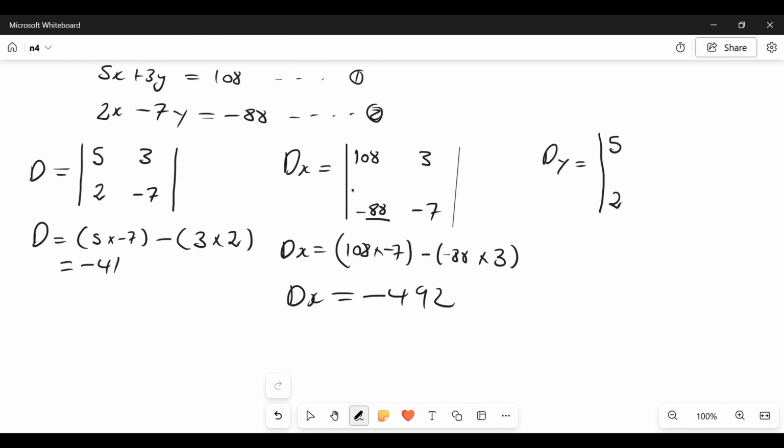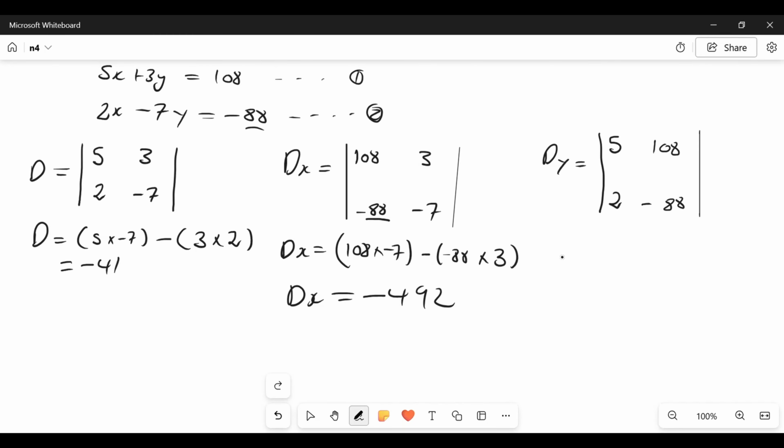And then since we are calculating the determinant of y, we have to take the constants and include them in the second column because the second column is for y. So here we're going to write 108 because the first row represents the first equation and the second column represents y. So we're going to put that there. And then the fourth entry is going to be -88.